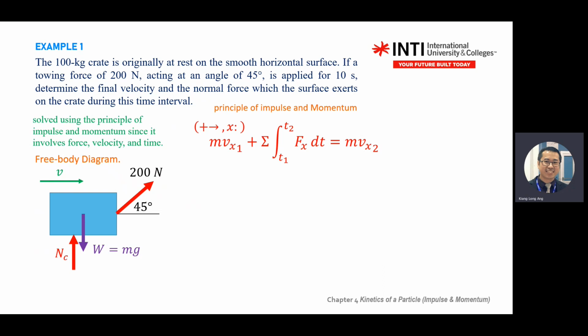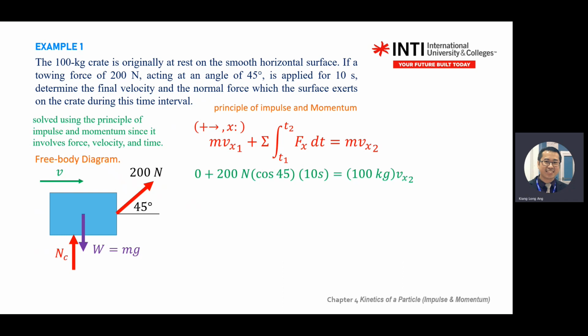All the directions to the right are positive. So the first one, m vx1 is 0, because you start from rest. Then you convert your 200 N at 45 degrees into the x direction. You'll get 200 cos 45. Time was given, 10 seconds. And then the right-hand side is your m, which is 100 kilograms.